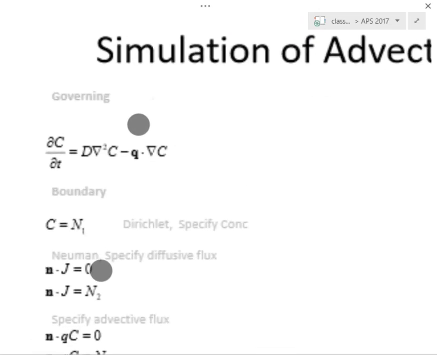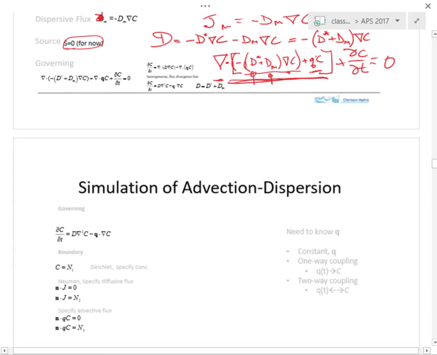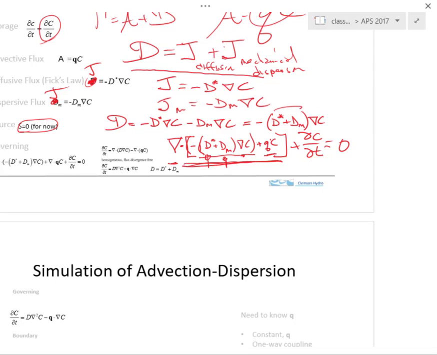Now, in order to solve this, I see here I have a little bit of a different version of this. If these terms are uniform, and if we lump them together and just call that dispersion, and if it's uniform, then it comes out here as D, and we'll have it come out here as minus D. Then we have this divergence operator.